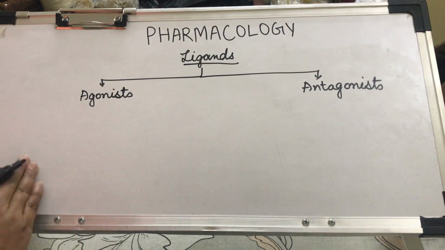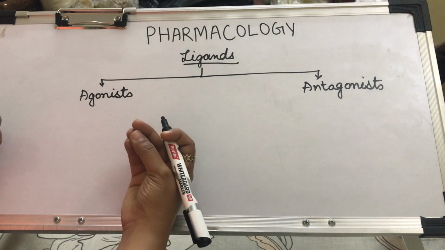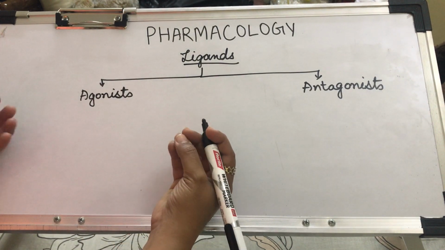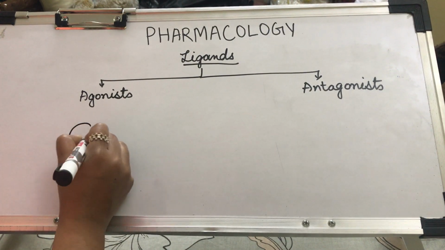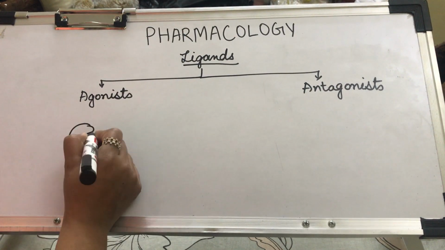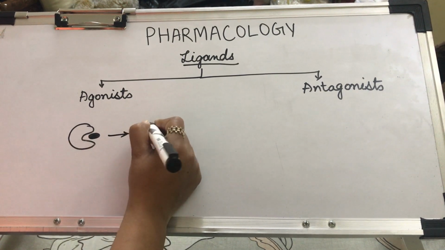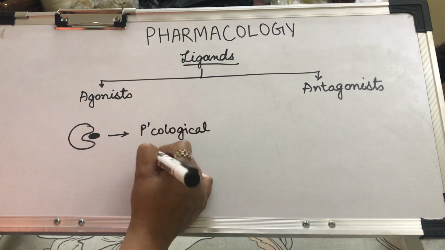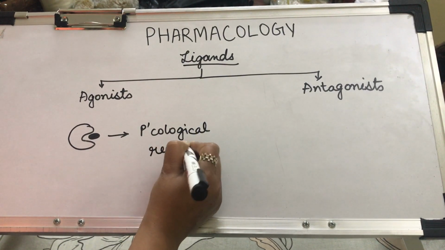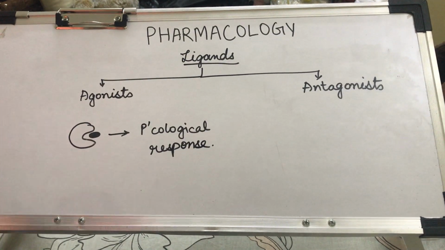Now, what is a substrate? A substrate is an endogenous substance that is present inside the body, which is going to come and bind to the receptor and give a pharmacological response. This was our substrate.